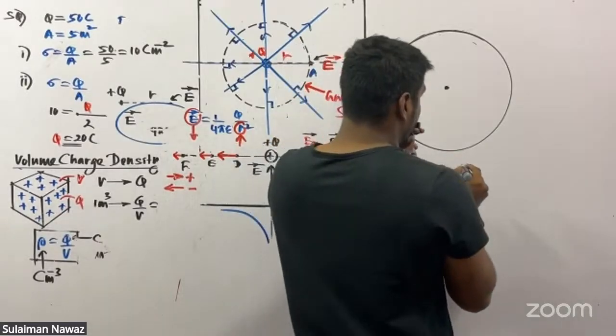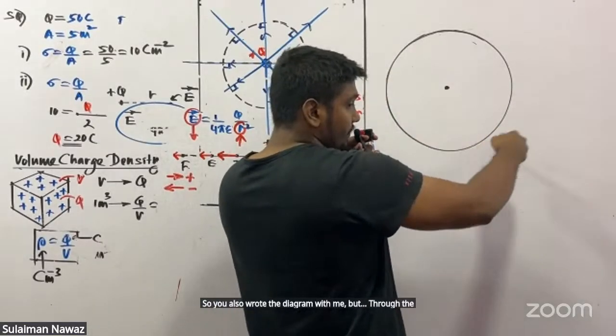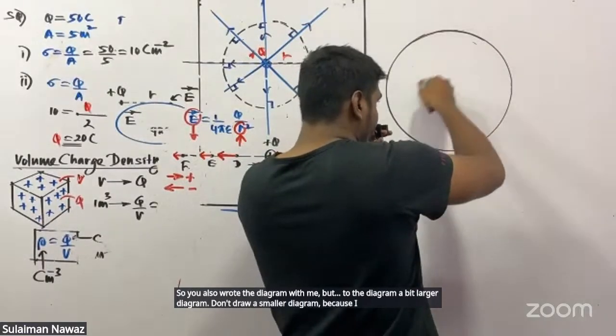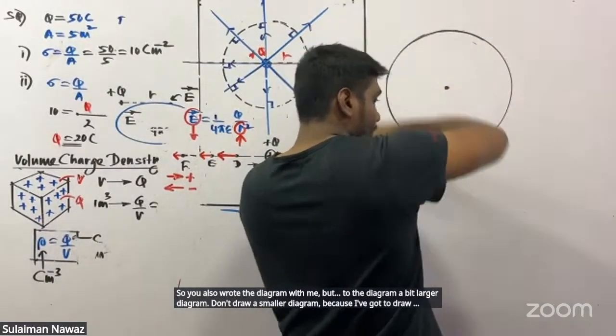You also draw the diagram with me, but draw a larger diagram. Don't draw a smaller diagram because I'm going to draw sub-circles inside and outside.